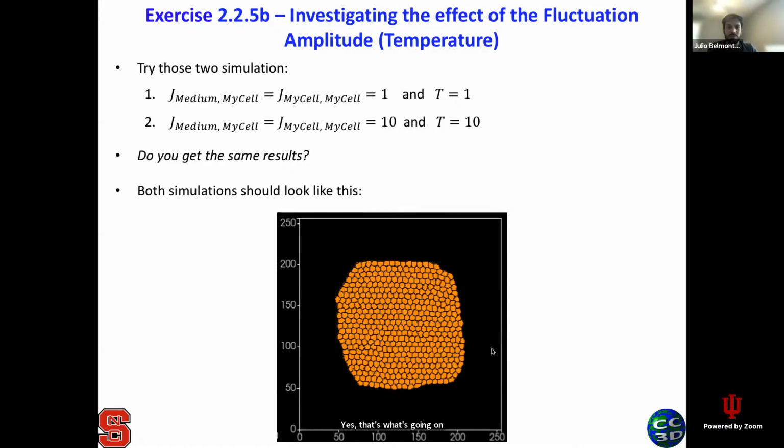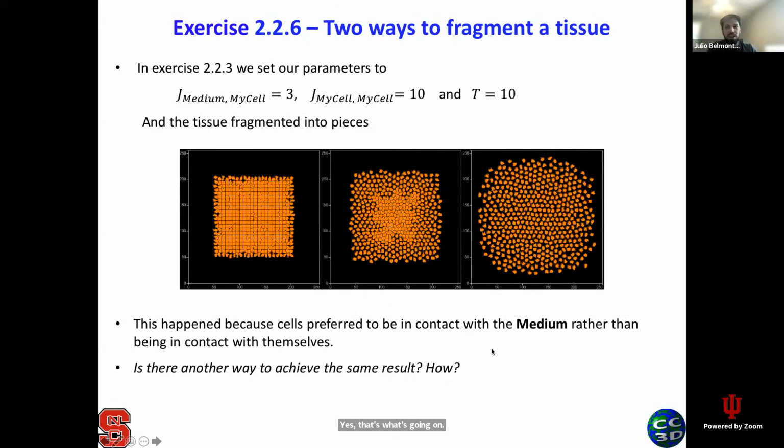So let's go back to another exercise, okay? And it will be the last one for the EMT. In exercise 2.2.3, we set parameters to 1, 3, 10, and temperature 10, and we get our EMT transition, right?